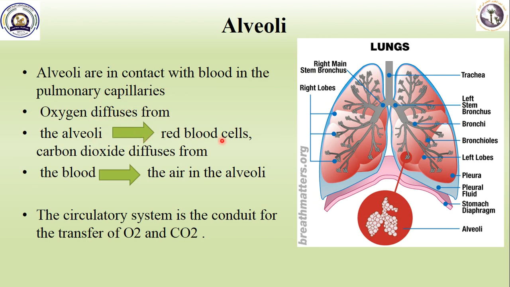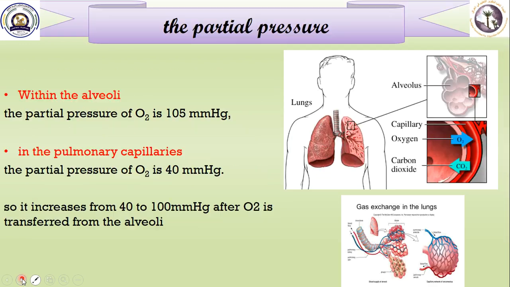However, the carbon dioxide is going to diffuse from the blood to the air inside the alveoli, and the circulatory system will transfer the O2 and CO2 from the heart to the lung.